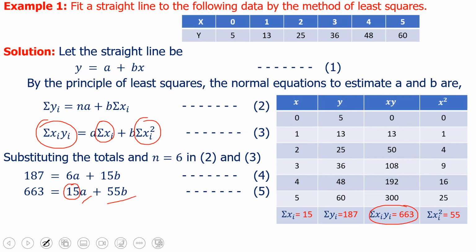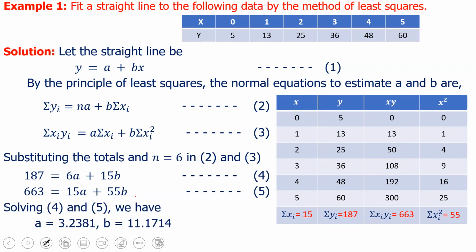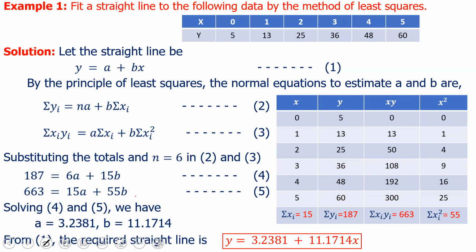So these are two simultaneous linear equations in a and b. We know that we have different methods to solve this system of linear equations in two variables. If we simplify it, we get the answer as a equal to 3.2381 and b equal to 11.1714.